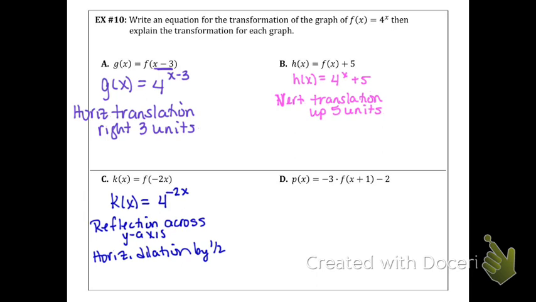And then D's got a whole bunch of stuff going on. So D, we got p of x equals -3 times f of x plus 1. So that's times our 4 raised to the x plus 1 and then minus 2. So I'm going to put that 4 in parentheses there. So we've got a reflection across the x-axis because of the negative in front of the 3.